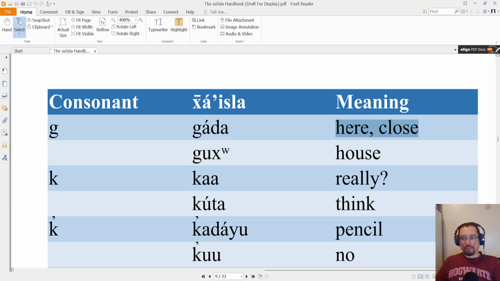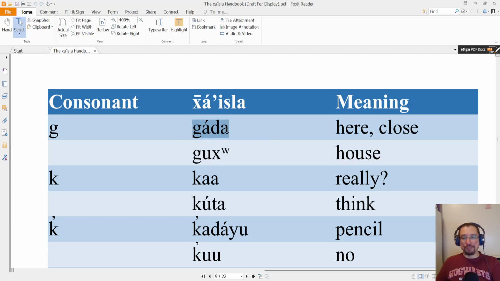And there's basically 3 different locations that you can think about when you're speaking xa'isla. There's things that are close to me, the speaker. There's things that are close to you, the listener, the person I'm talking to. And there's something that's somewhere else. It's not close to me or you.